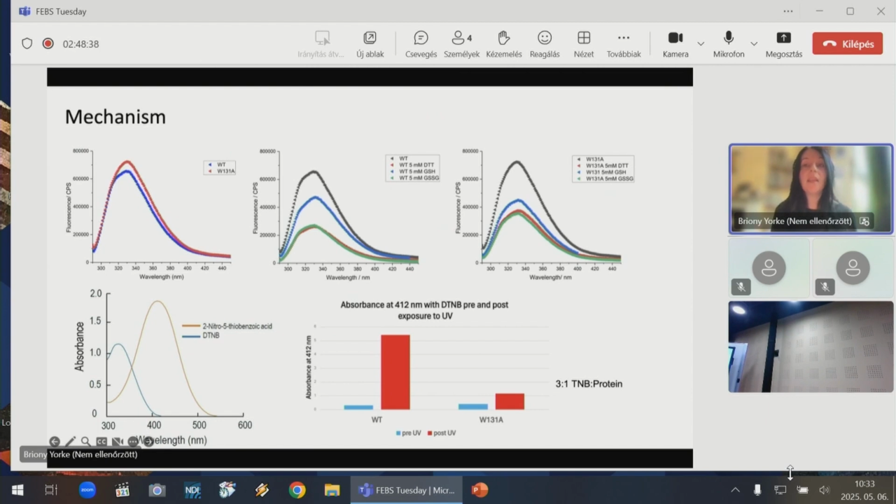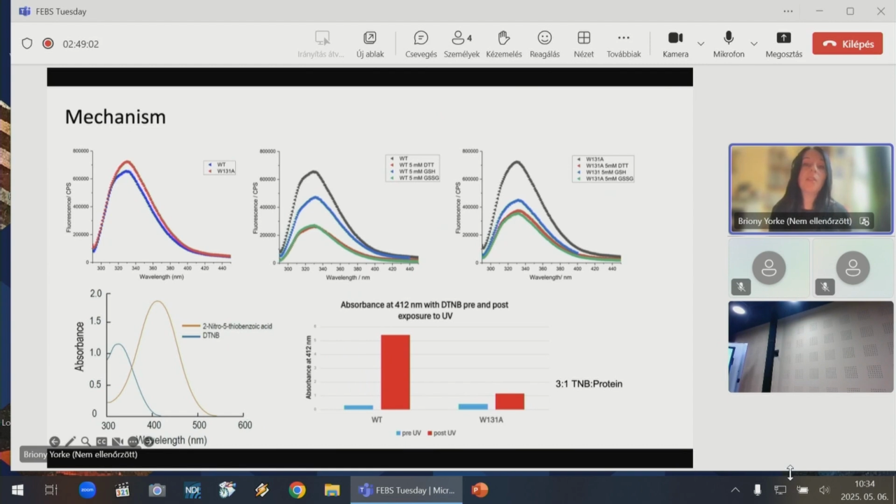What we see in the wild type structure is that the addition of these reducing agents combined with aging results in a decrease in fluorescence of the protein. This decrease in the fluorescence indicates that binding of the reducing agents results in some kind of quenching mechanism.